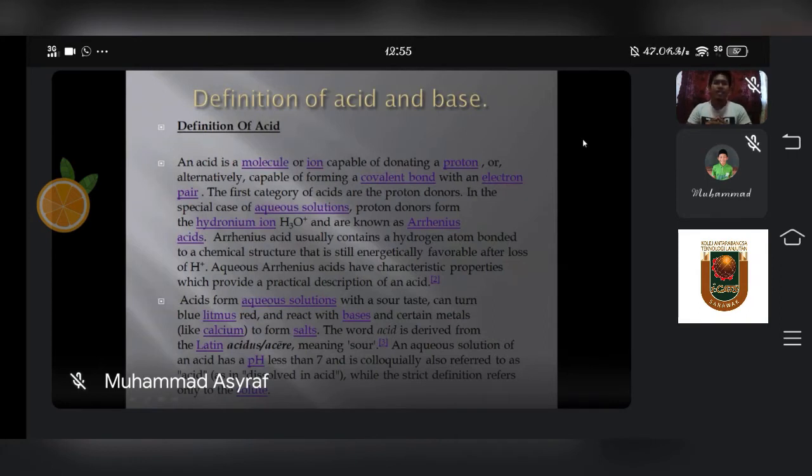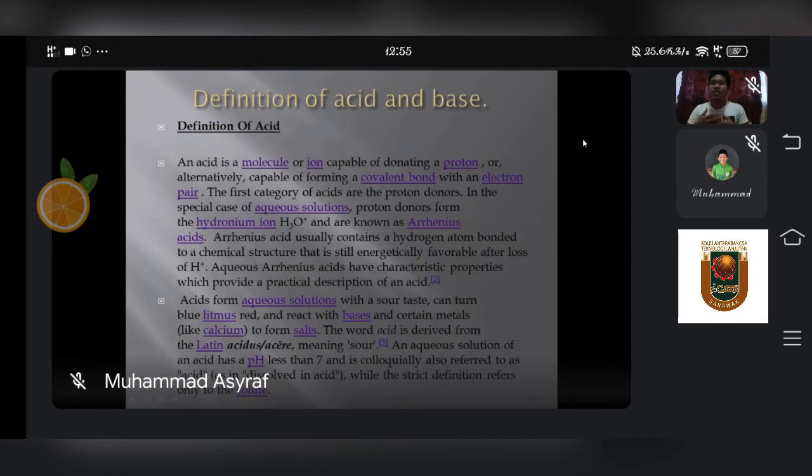An acid is a molecule or ion capable of donating a proton, or alternatively capable of forming a covalent bond with an electron pair. The first category of acids are the proton donors.